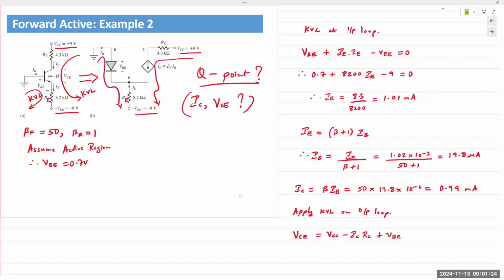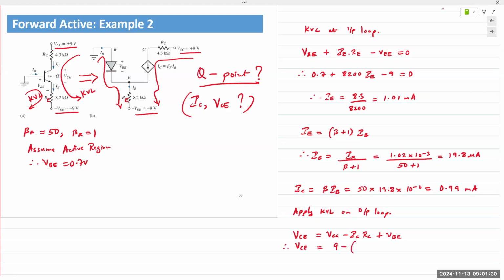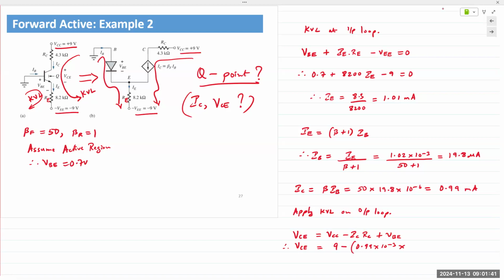Then I can write VCE is equal to 9 volts minus 0.99 times 10 raised to minus 3 into RC, which is 4,300 ohms, plus 0.7.